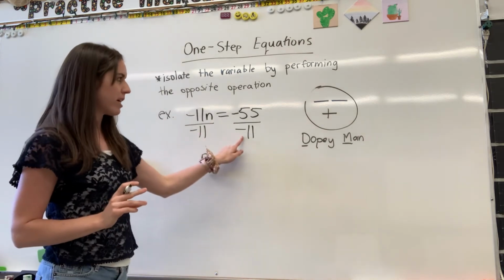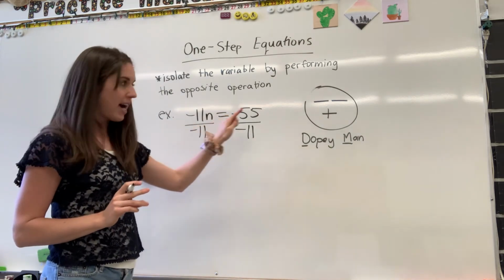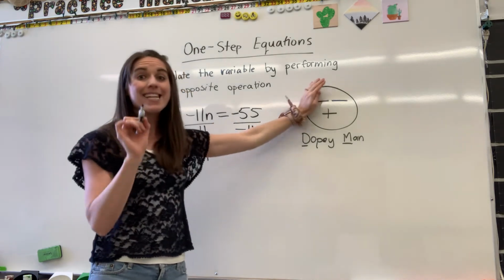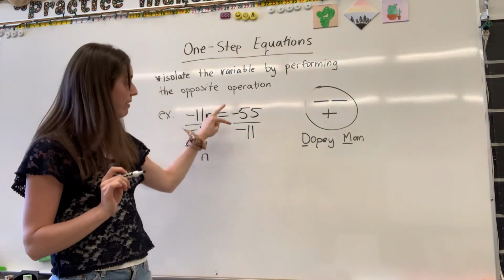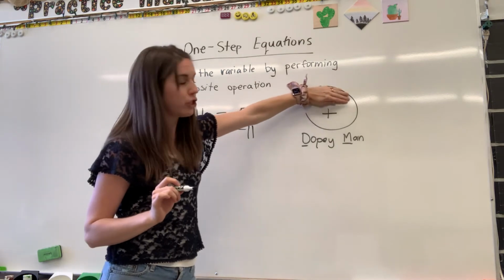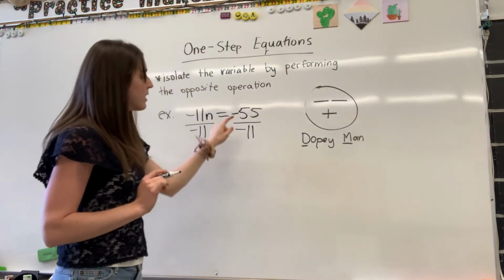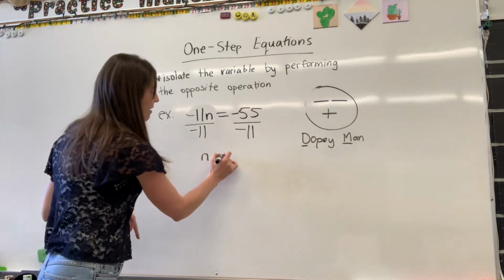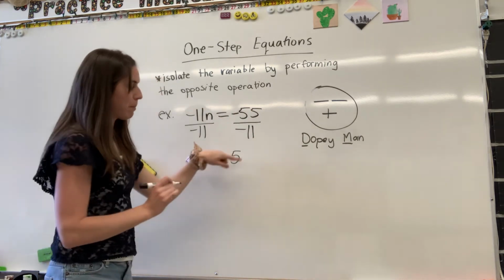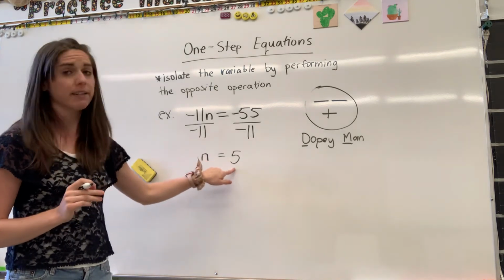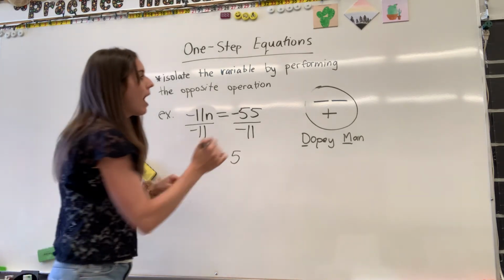So same thing over here. Negative 55, I'm going to cover up one of my negatives, divided by negative 11. So we have two negatives, so I'm going to cover up two negatives. My answer is positive. So 11 goes into 55 5 times, and it's a positive 5. So there's my answer, n equals 5. Okay?